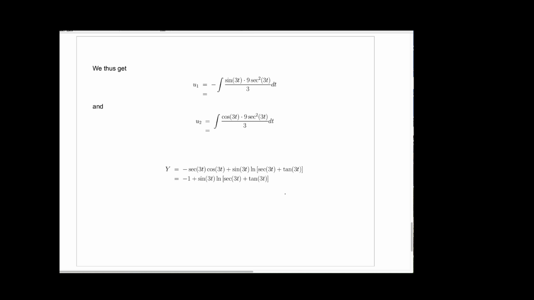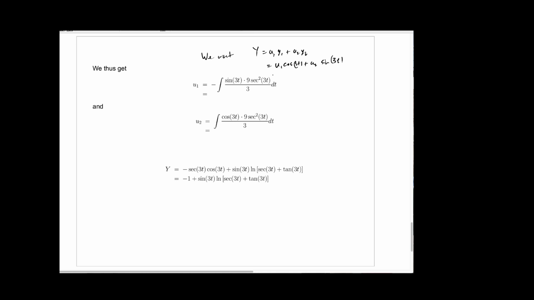Well, once we know the Wronskian, we can just write down a formula for these functions u1 and u2, where we want our particular solution to be u1 y1 plus u2 y2. In other words, that should be u1 times cosine of 3t plus u2 sine of 3t.